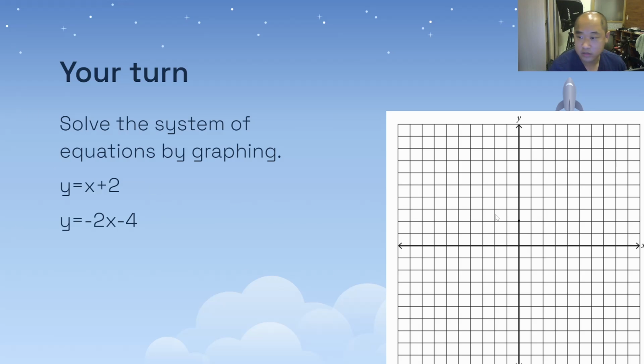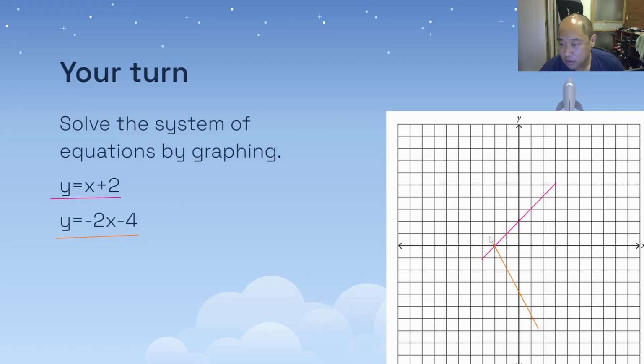So this one is going to look like this. And then we have -4, which is 1, 2, 3, 4 right here, and then a slope of -2, which means here.